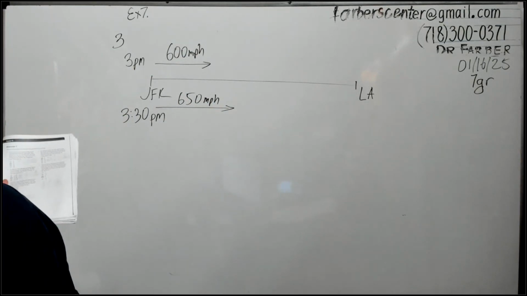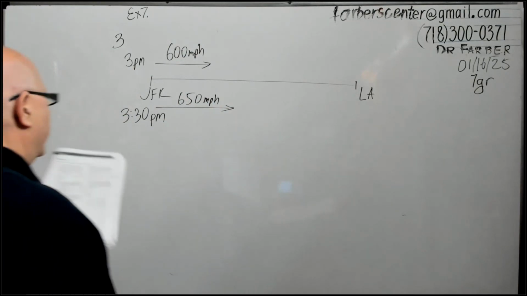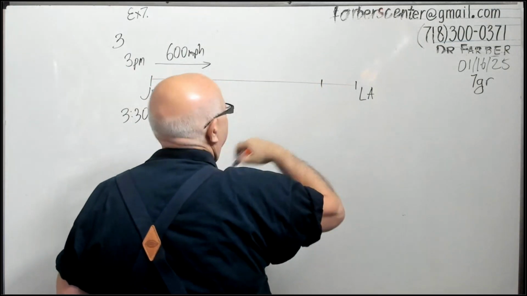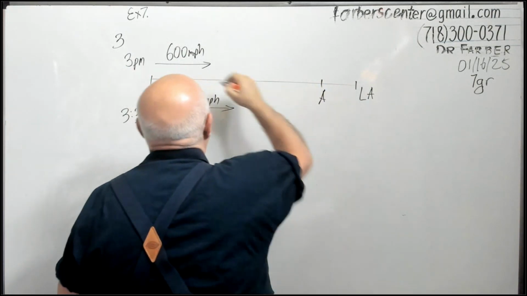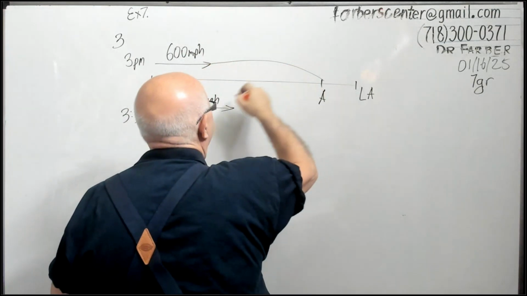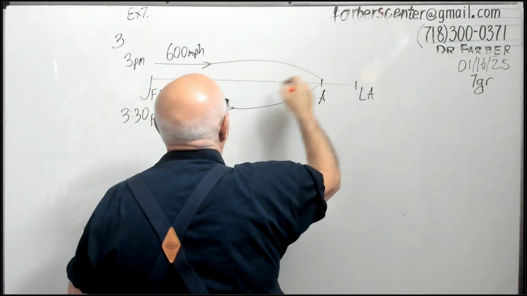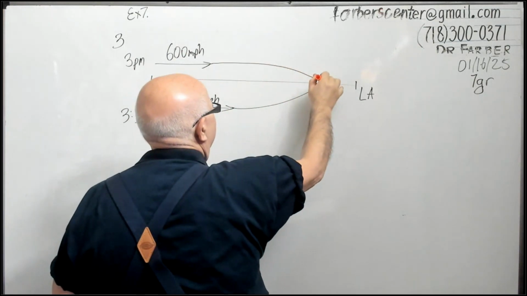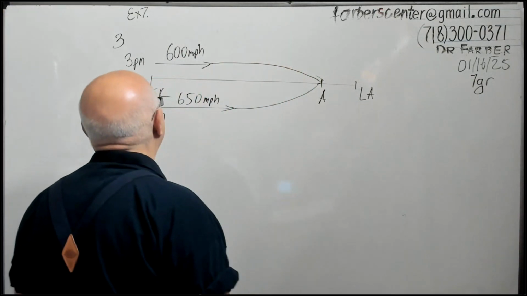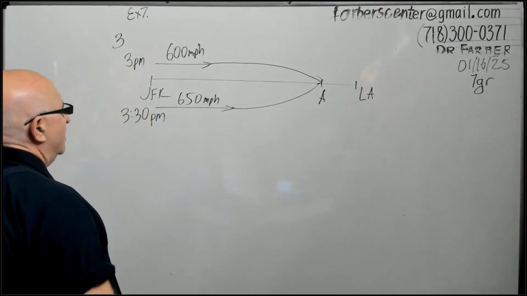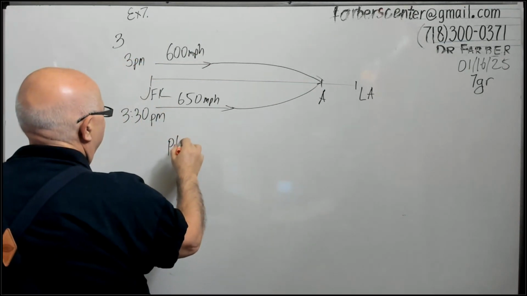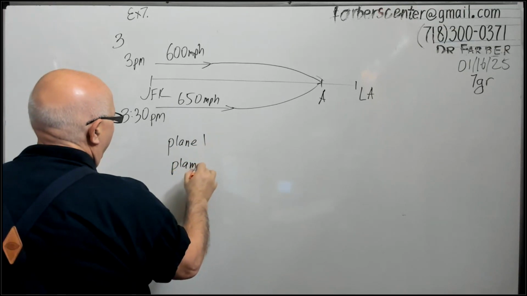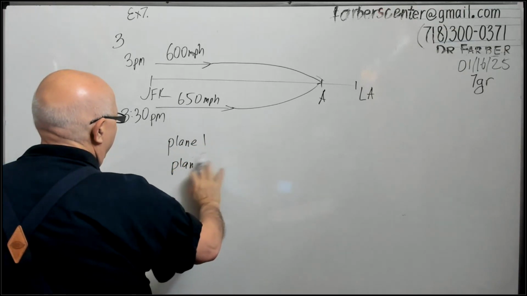At what time? This, I don't know, probably we did this question. I don't remember with you. Let's say point A. It covered this way, and this covered this way. And they overtake this at some particular point. And write down here plane 1 and plane 2.